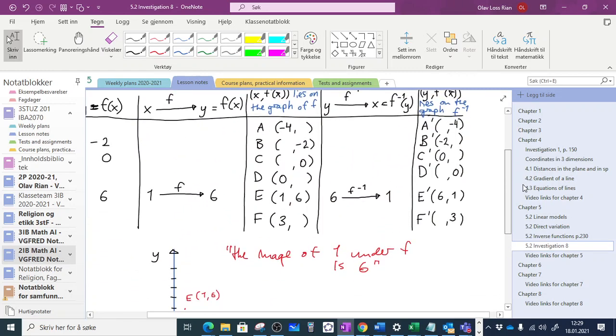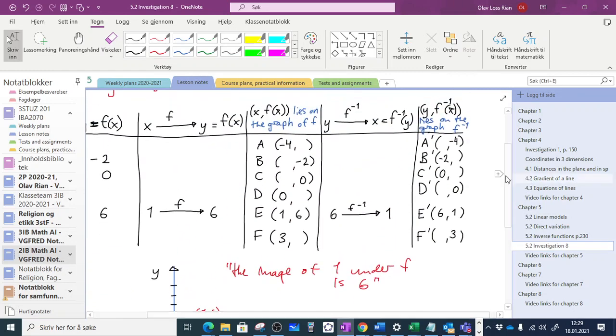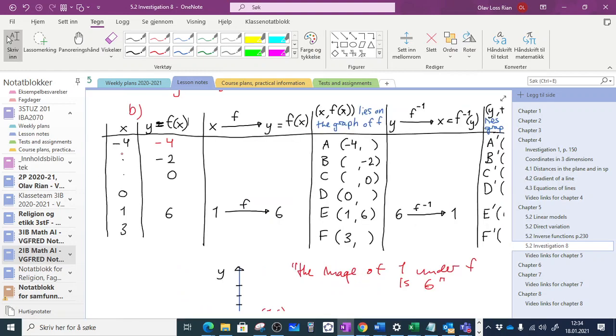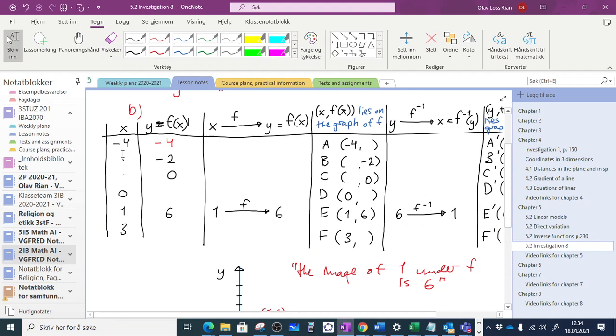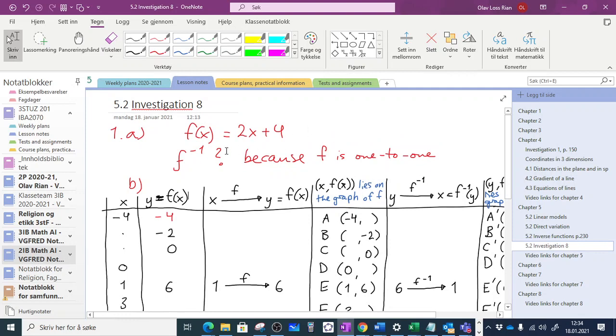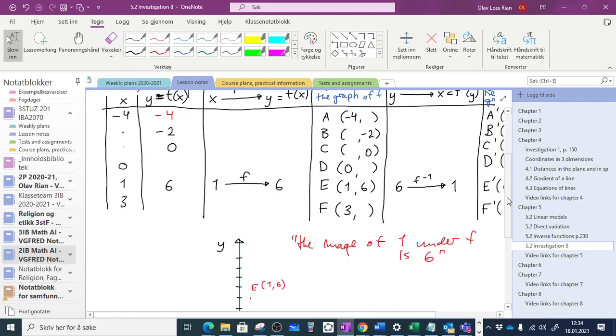So now we've been through what the elements of the table mean, and now we need to fill out the rest of the table. So the principle for getting the y values, if we know the x values, is just to use the function 2x plus 4 to get the function values.